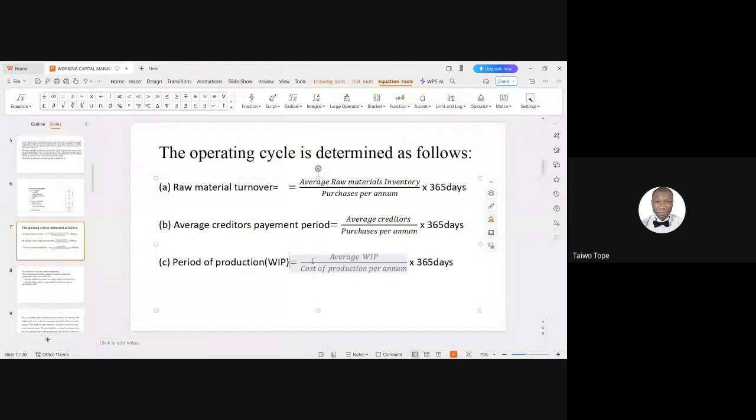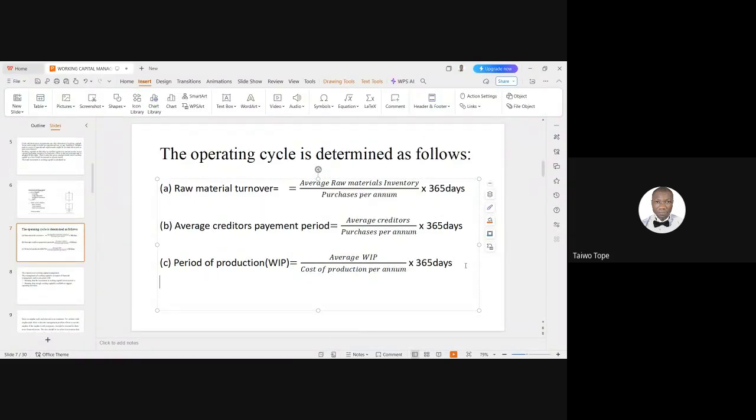What else can we look out for? We can have finished goods turnover or period of turnover. We can have finished goods turnover or period of turnover.